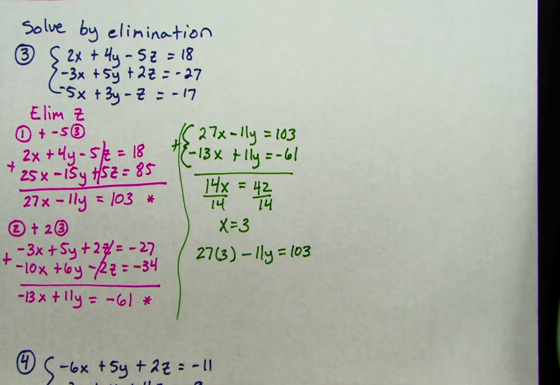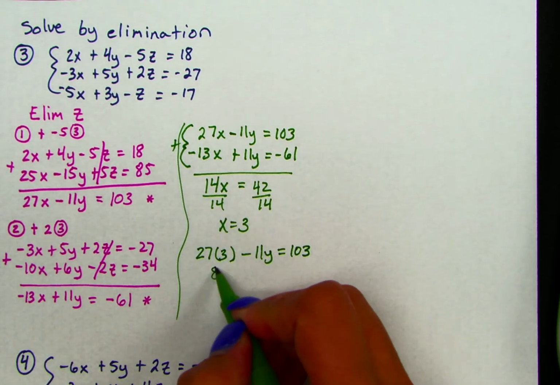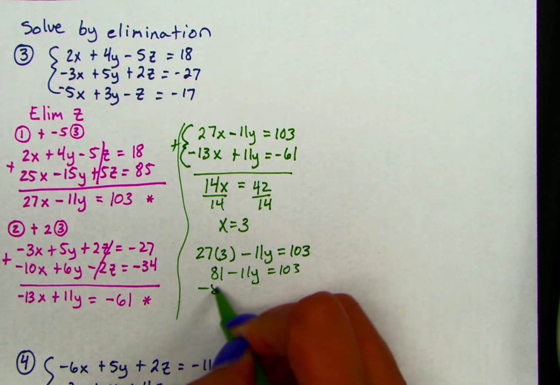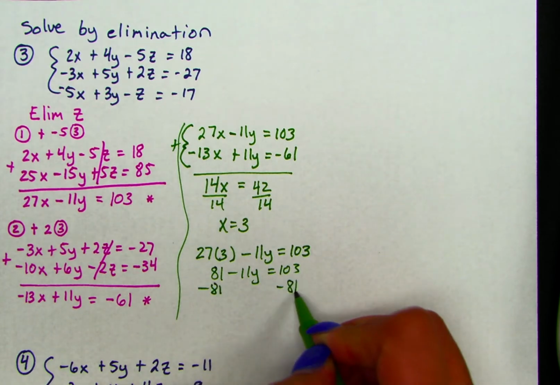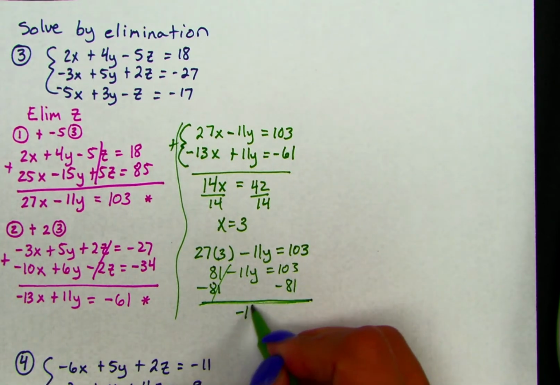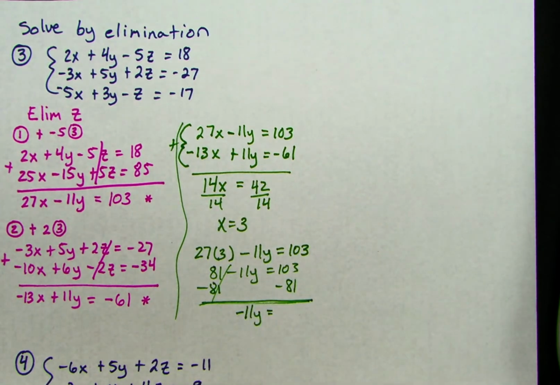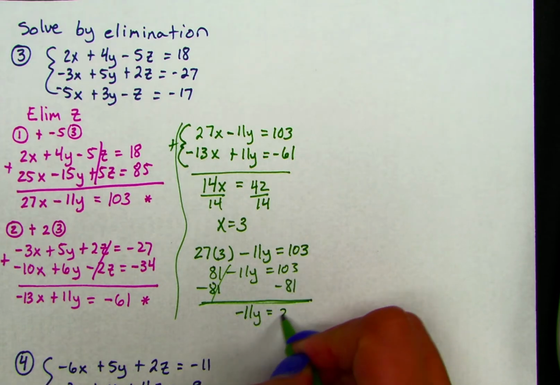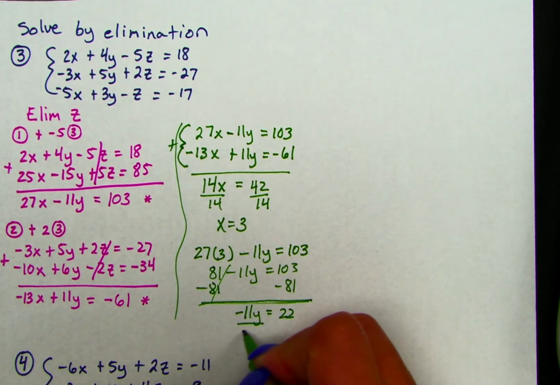So 27 times 3 is 81. And then we are going to subtract the 81 over to the other side. So negative 11y is going to equal, let's see here, negative 22, positive 22, excuse me. And then when we divide, we end up with negative 2.